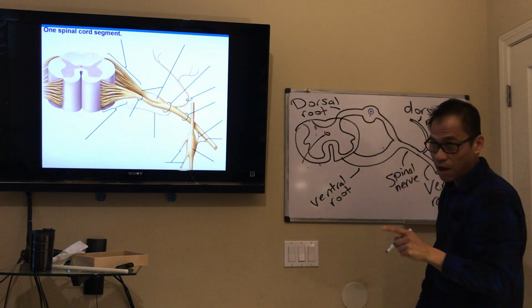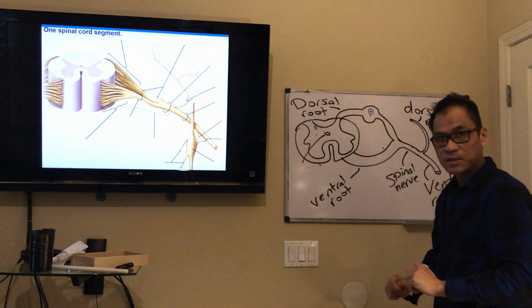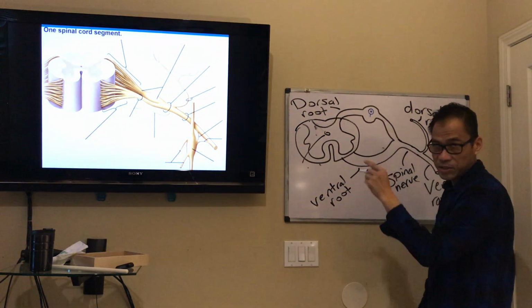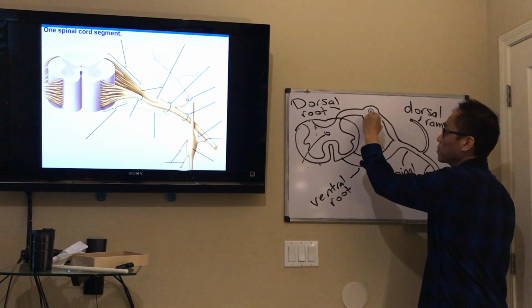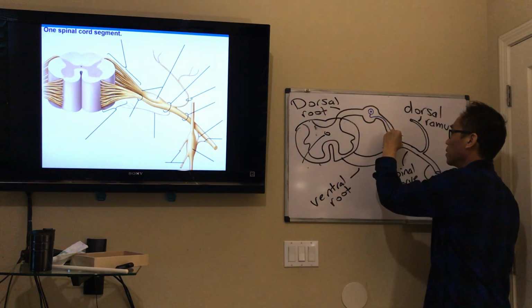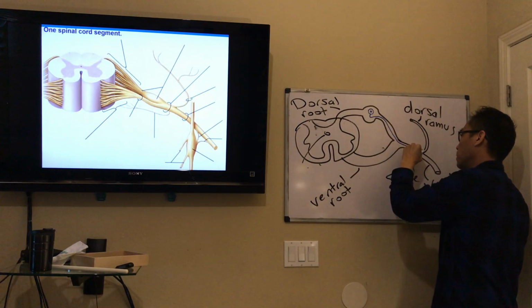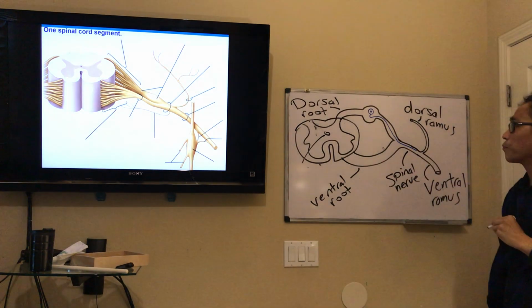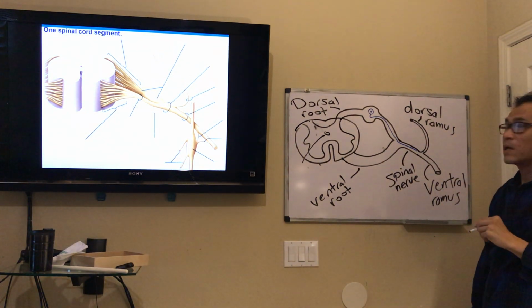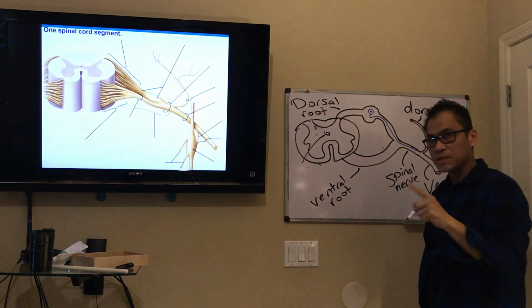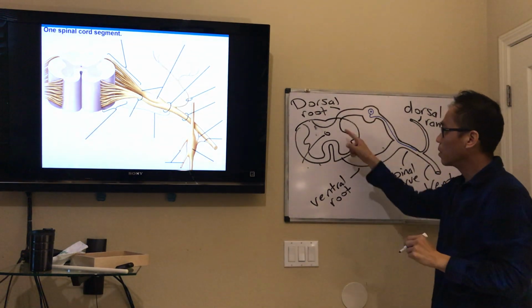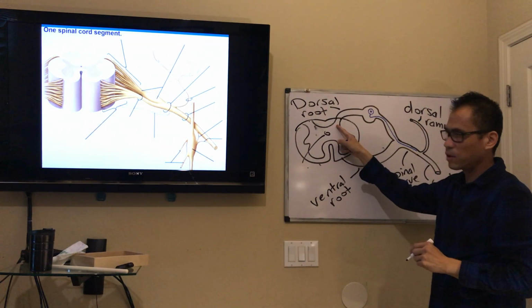One extension coming off, hence unipolar. It divides into two branches. A long branch is out in the peripheral nervous system. The other process goes into this dorsal horn of the gray matter.